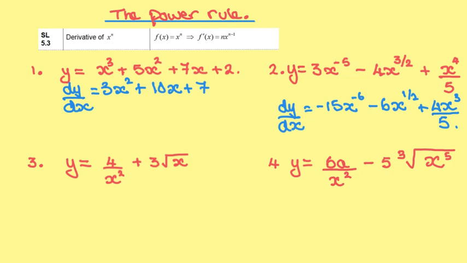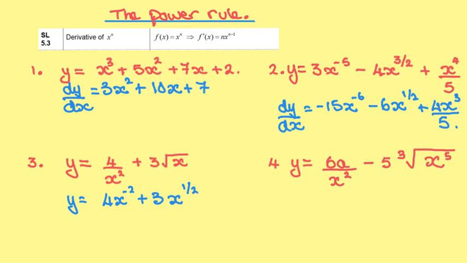In question 3, we haven't got powers yet, so we have to make them all into powers. So we can rewrite this. X squared on the bottom can be brought to the top, but it becomes negative. So we've got 4x to the minus 2 plus 3 times root x. Well, root x is x to the power of a half.